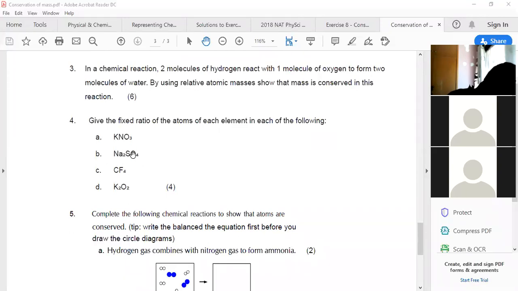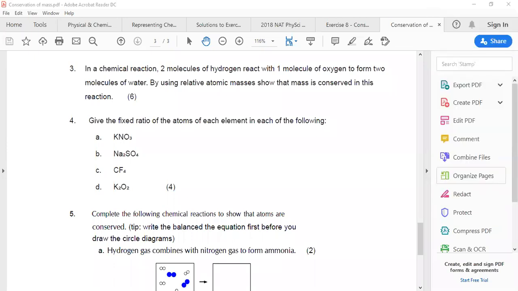For sodium sulfate, what's the ratio there? The ratio is going to be 2:1:4. Is that clear? Okay. Then we move on to the next one.